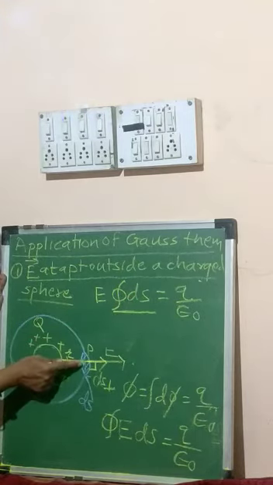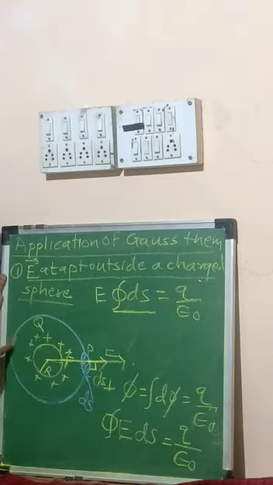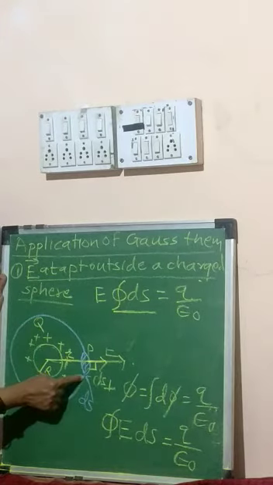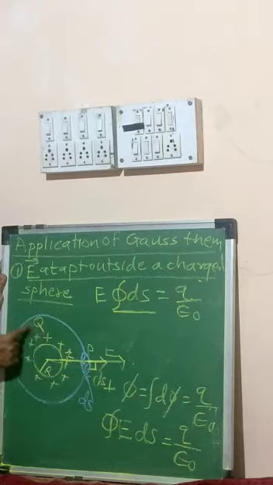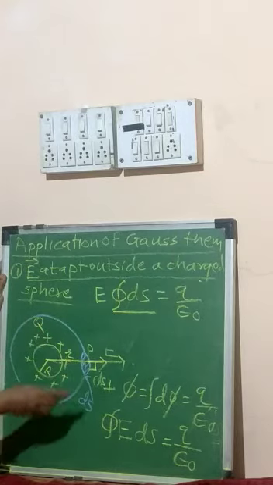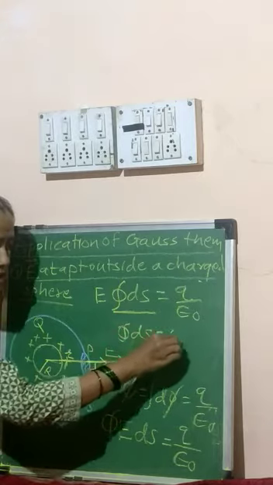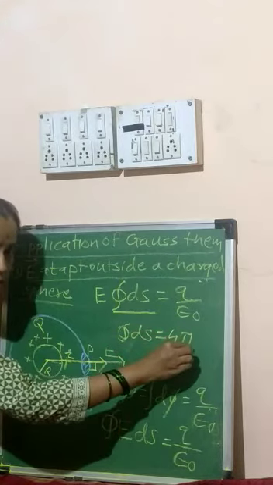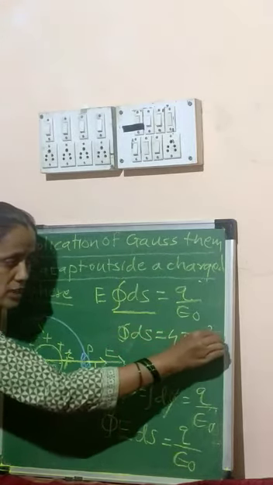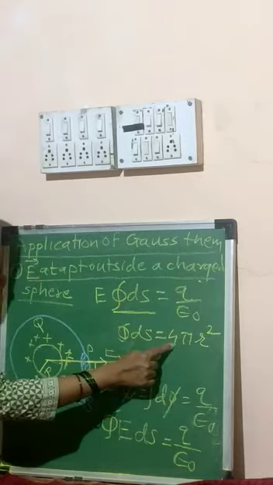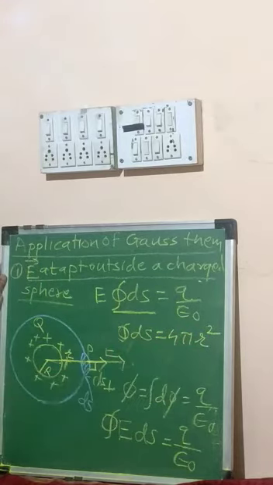Now what do you mean by closed integral of ds? Closed integral of ds means total surface area of Gaussian sphere through which lines of forces are passing. Therefore, this closed integral of ds is nothing but the surface area of the Gaussian sphere having radius small r. So, closed integral of ds is 4 pi r square.